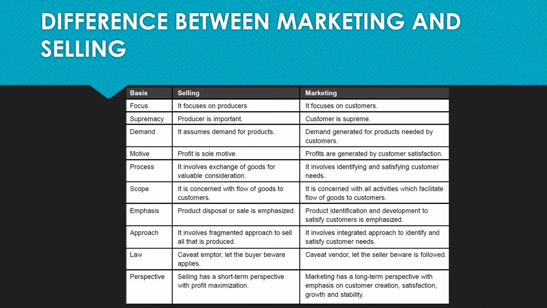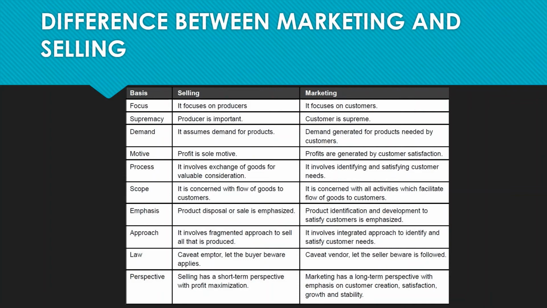You have to identify the product and satisfy the customer. Approach: selling is a fragmented approach to sell all that is produced, so your intention is to sell whatever is produced. Marketing's main objective is to satisfy the customer's needs.